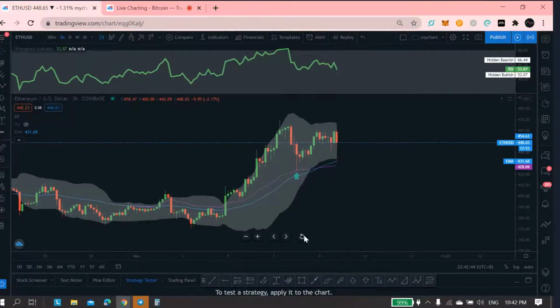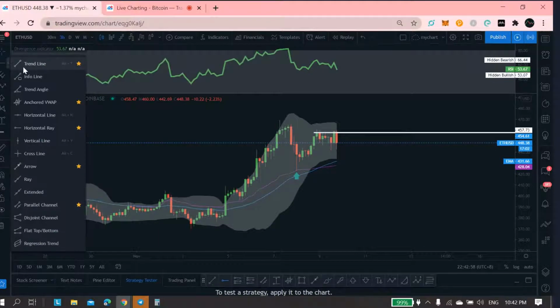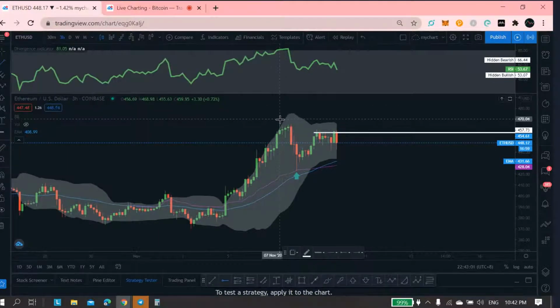So actually this is the previous resistance area, this one. Of course, this is the previous resistance. However, it failed to break this area, and then it went down and then broke out.